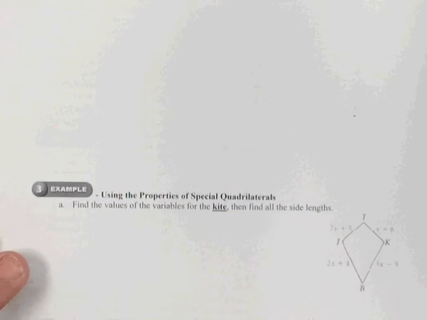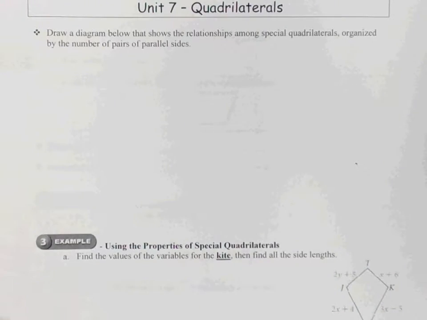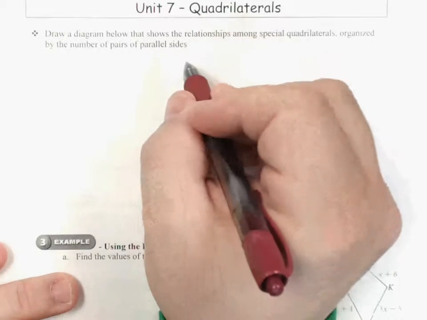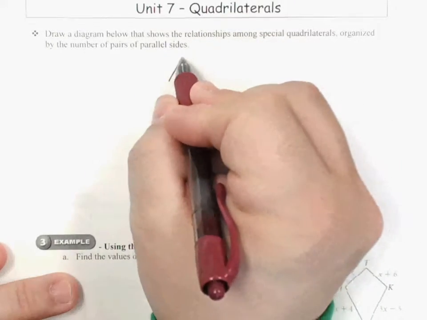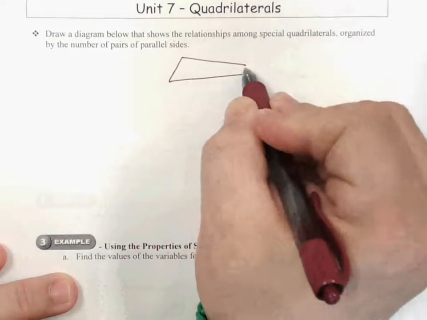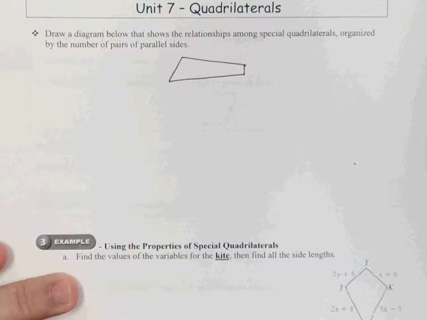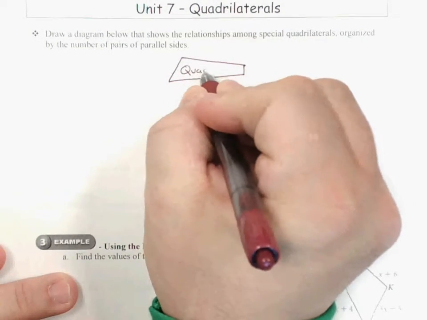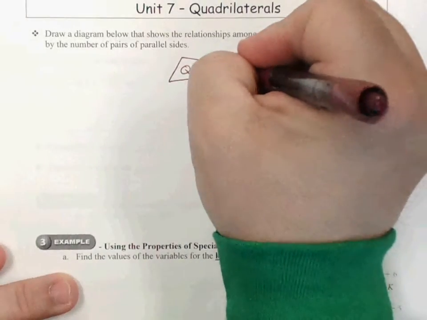Alright, so let's put all of this together in some sort of little flow chart. So at the top here, let's draw this diagram. Try to draw a quadrilateral without any parallel sides or congruencies, and label it quadrilateral.